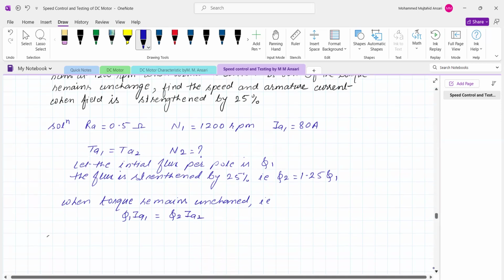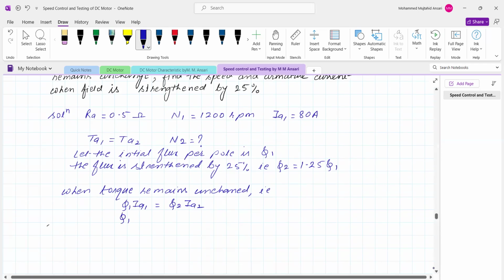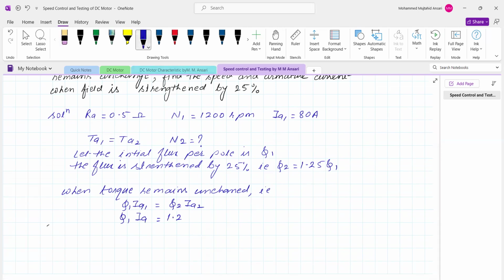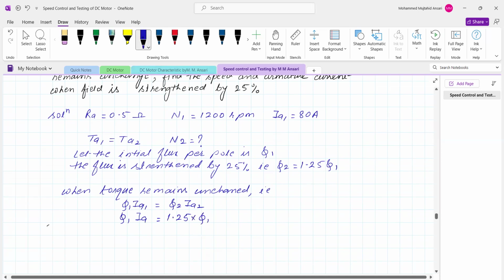Now put the value of fluxes: phi1 IA1 is equal to 1.25 into flux phi1 into current IA2. So the flux gets cancelled. So IA1 is equal to 1.25 into the current IA2.